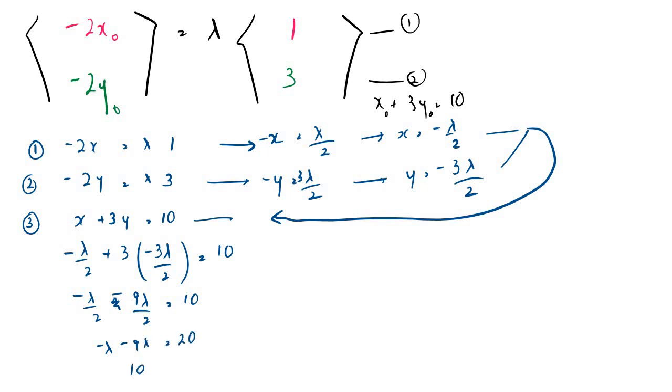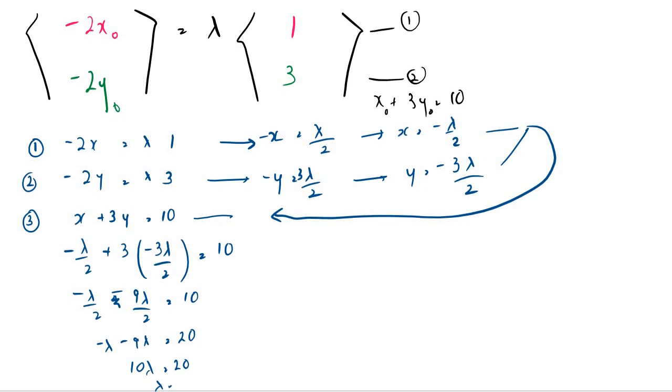So minus 10 lambda is equal to 20. If lambda is equal to 2, from equation 1 we have minus 2x equals lambda, which is equal to 2. So this implies x is equal to minus 1.